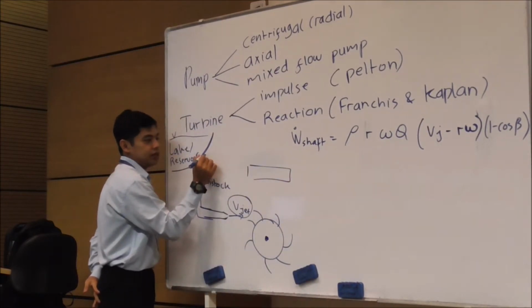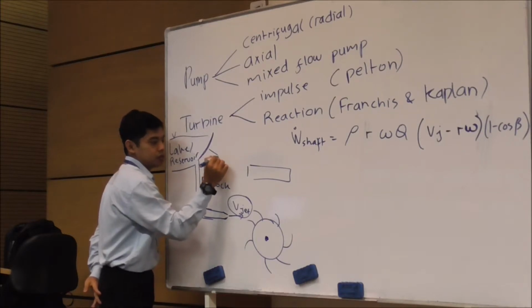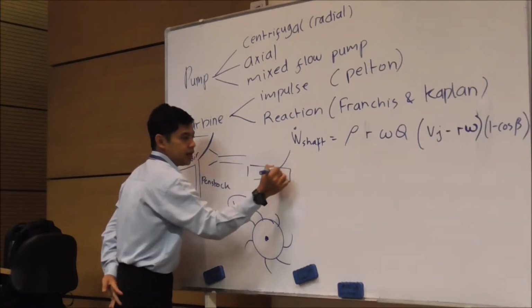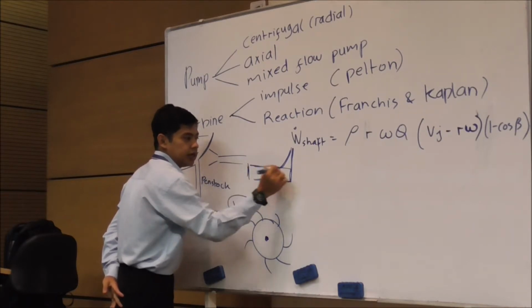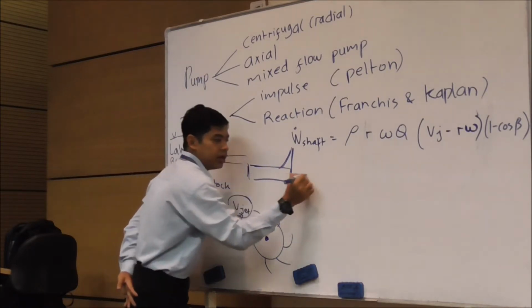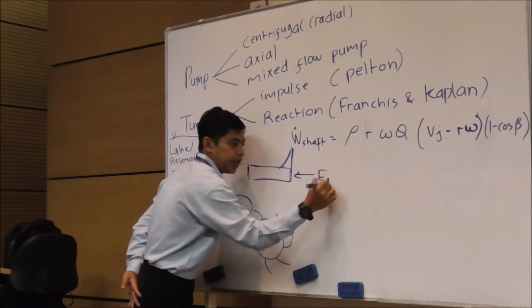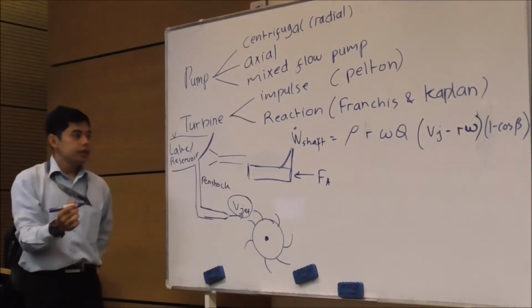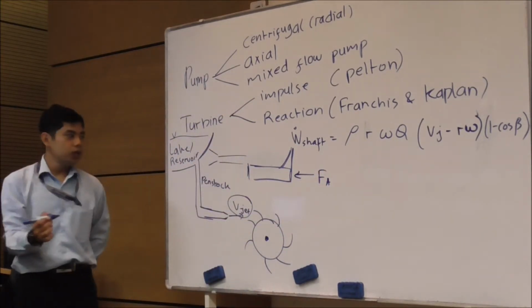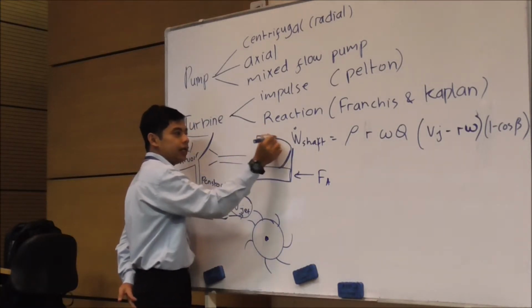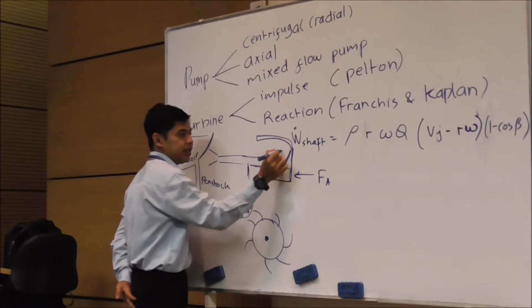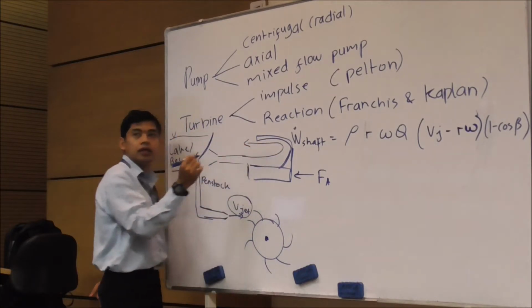You are having a jet from the nozzle, and then it strikes a fin, and you need something to hold it, an anchoring force. The biggest anchoring force you will obtain is when you make it bend so that the jet goes back.